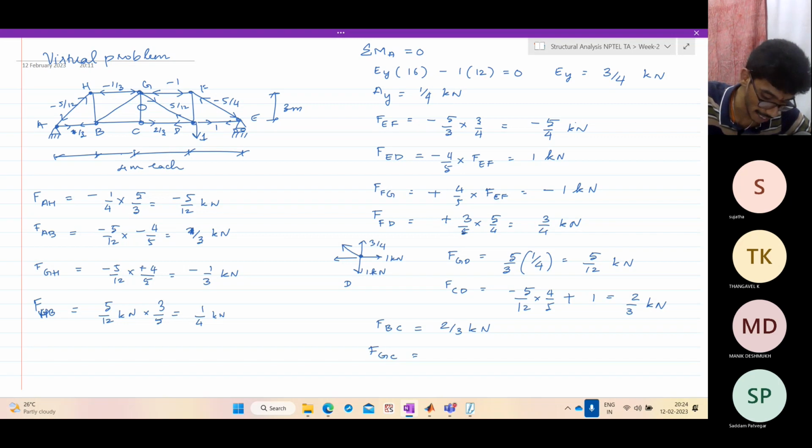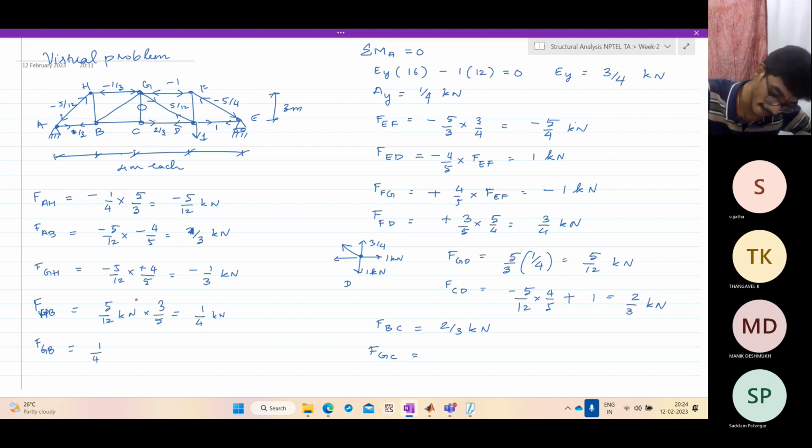FFD is 3/4. So FHB is 1/4 kilonewtons, which means FGB is 1/4.